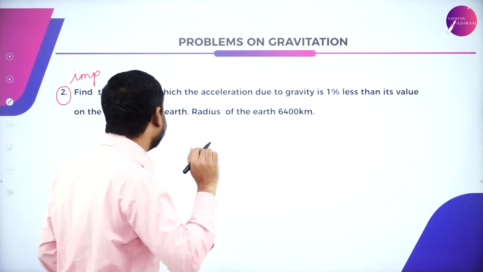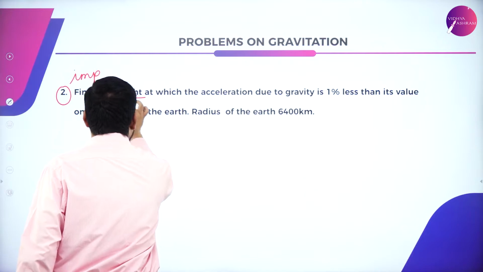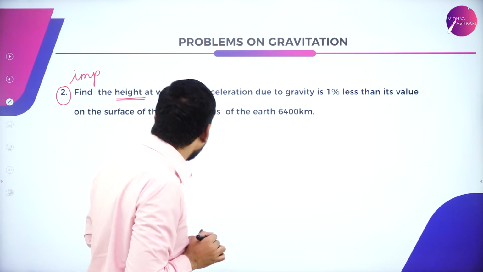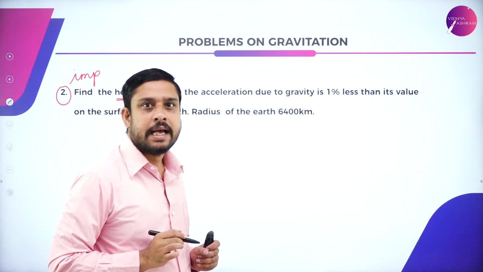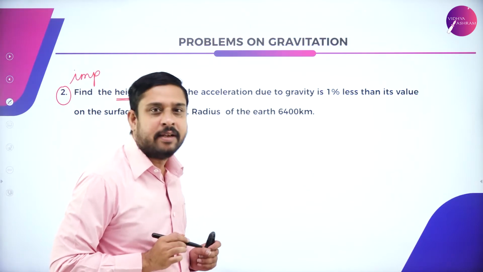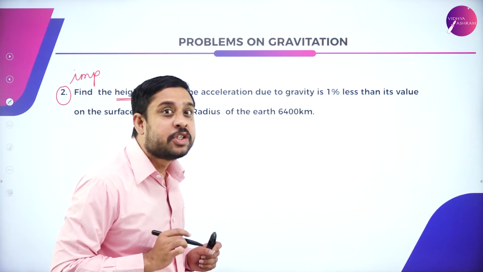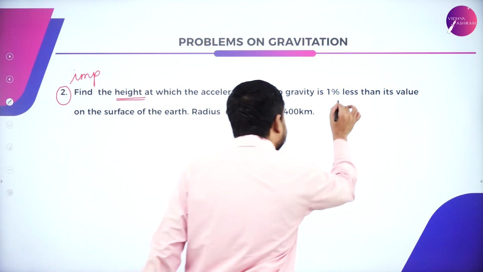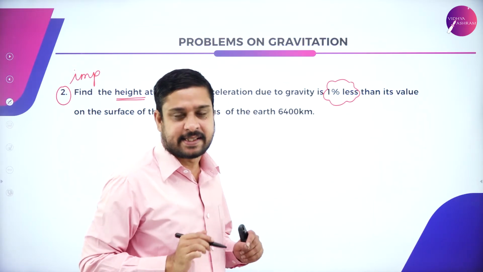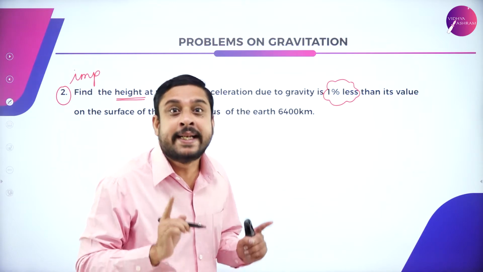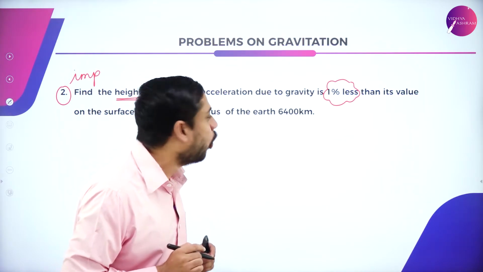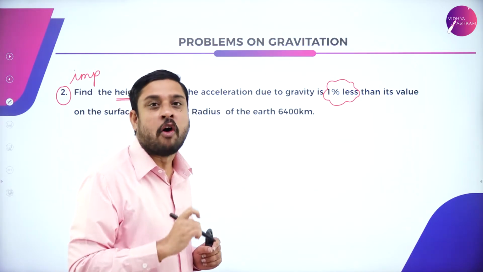I have to find the height at which acceleration due to gravity is 1% less than its value on the surface of the earth.